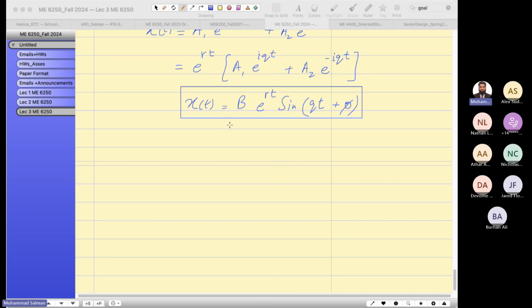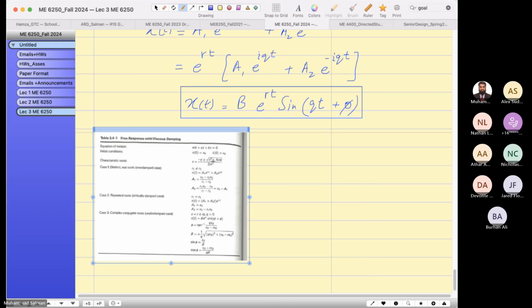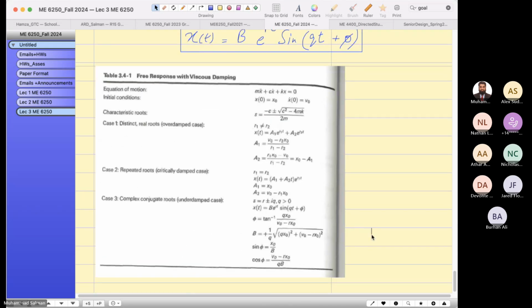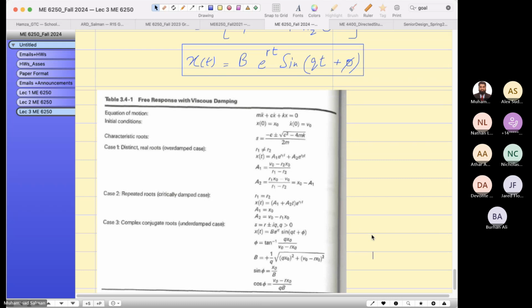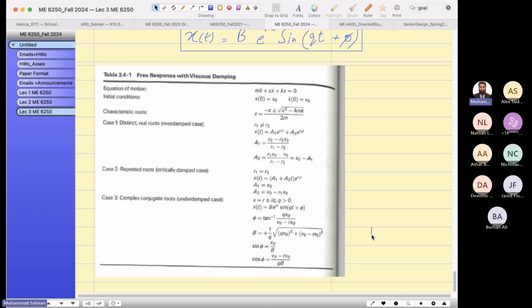So these three cases are written in this table. So it's a very helpful table.